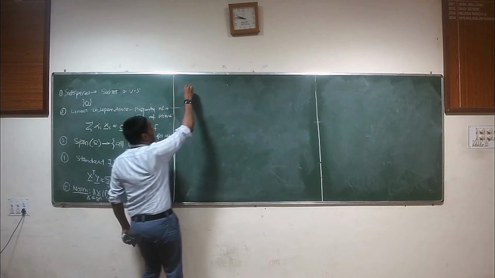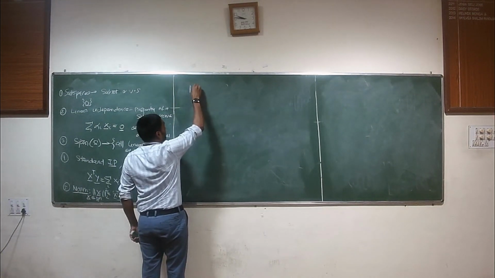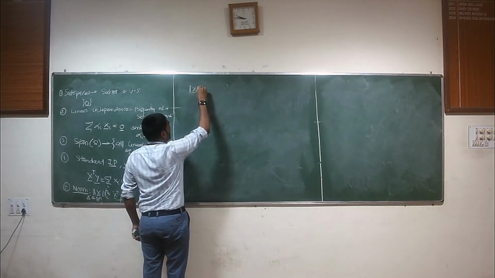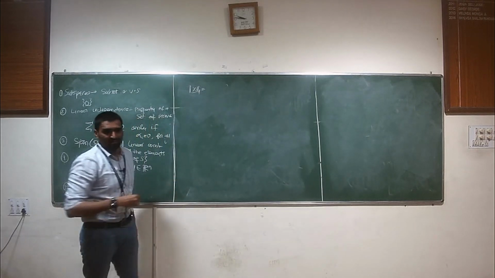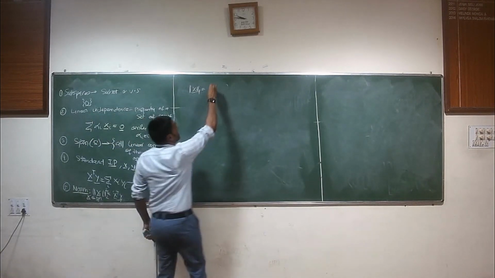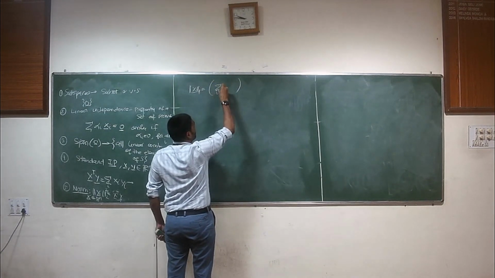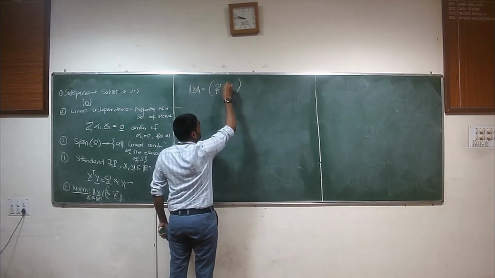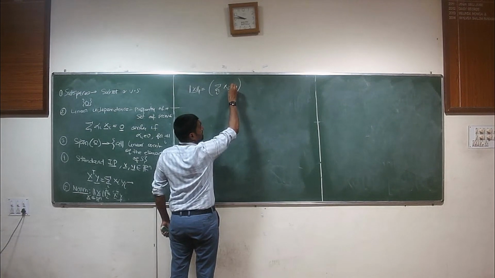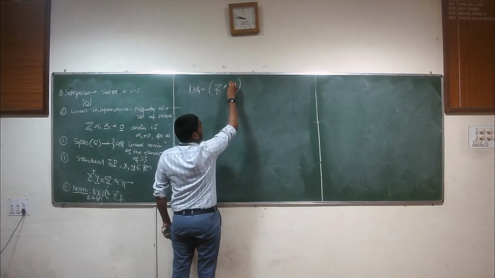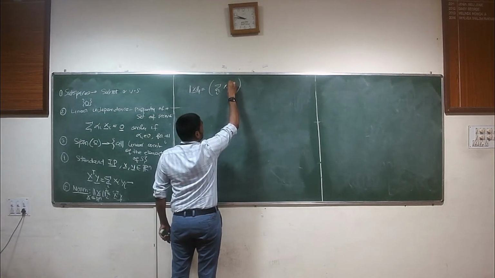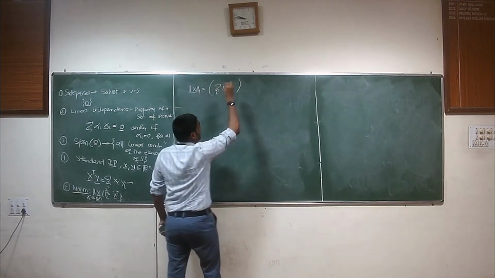What about a general p norm? Summation over i. It's not just power p, but the modulus. Okay.